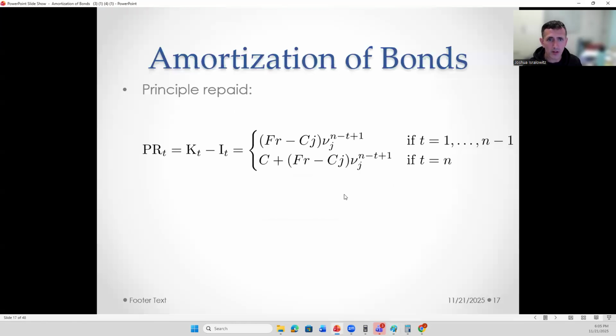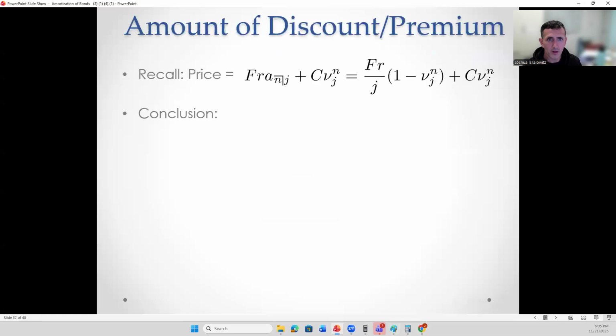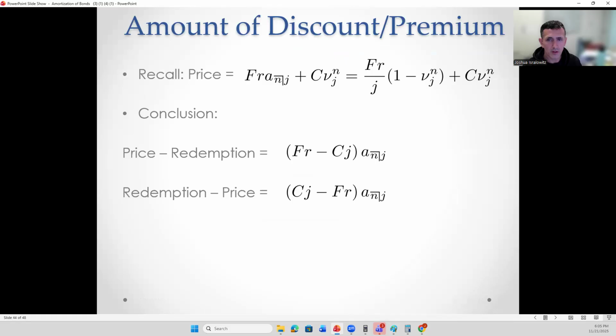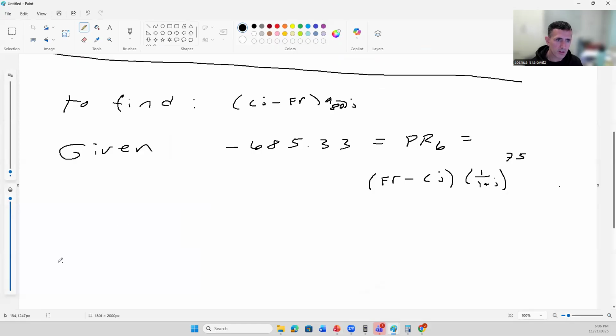And likewise, what else are we given? Yeah, same thing, but for the 12th. It doesn't say it's six month coupon payments, but unless otherwise stated. So after the 12th six month period, it's minus 753.13.